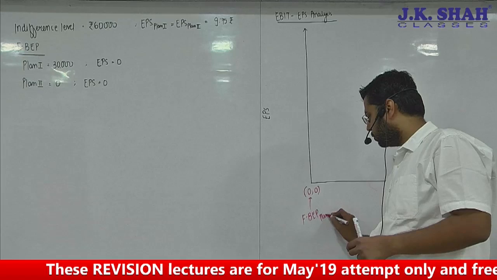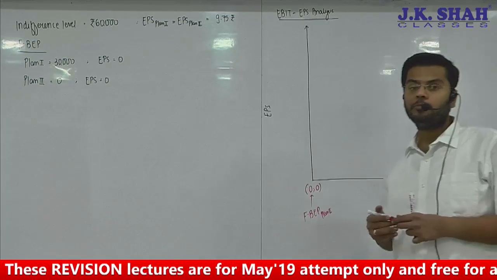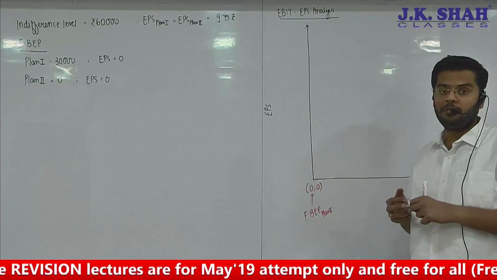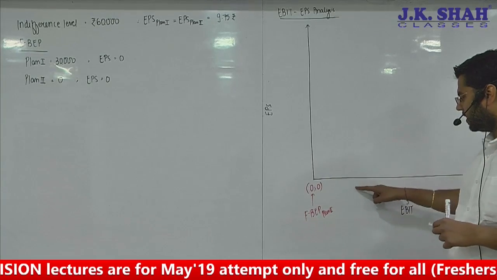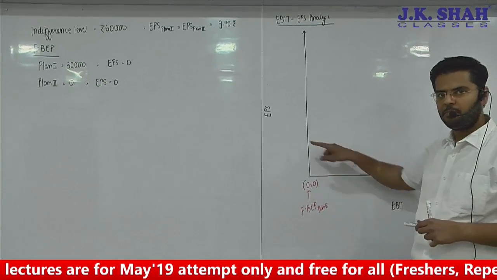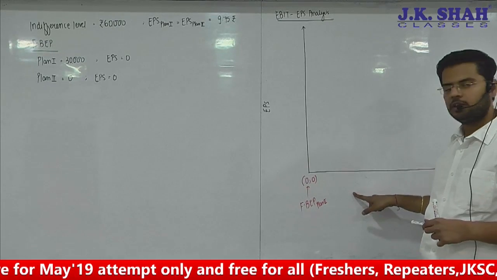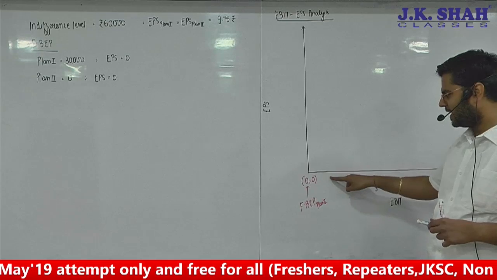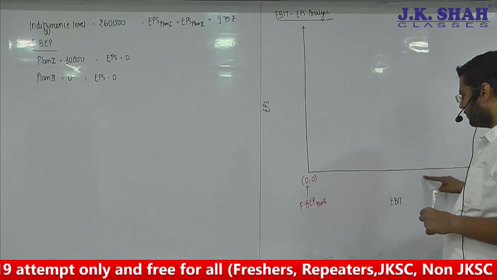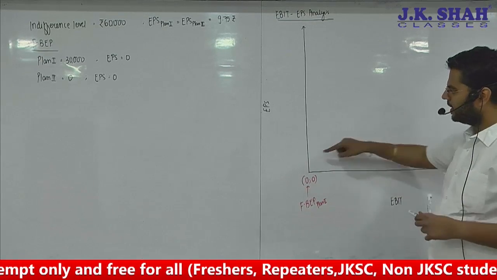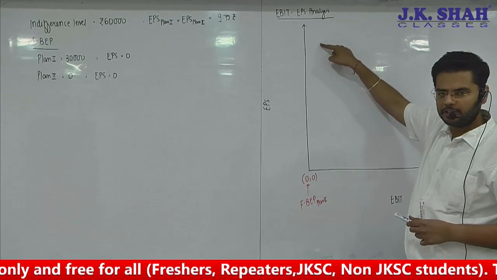Of plan 2. Now from the leverage chapter, we made out that between EPS and EBIT, it is EPS which is dependent on EBIT. As we increase the level of EBIT, EPS will naturally increase.